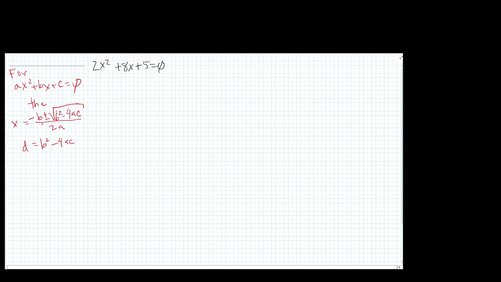I'm going to rewrite the quadratic formula in terms of the determinant because it makes it look simpler: x equals negative b plus or minus the square root of d, which we just defined, divided by 2a.